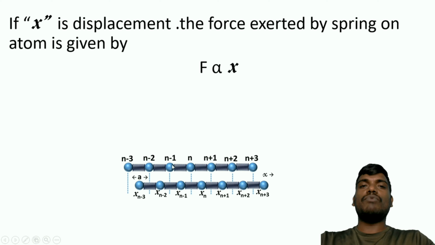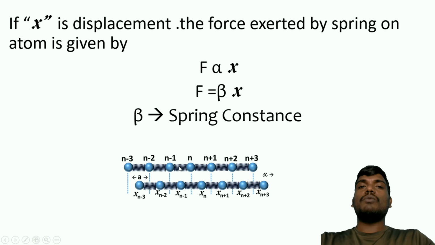That means the spring acts as a restoring force, and the restoring force is proportional to the displacement. Putting in a proportionality constant, F equals beta times x, where beta is the spring constant, since the restoring force depends on the spring. So F equals beta x.